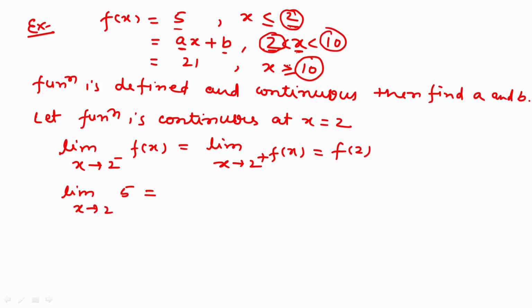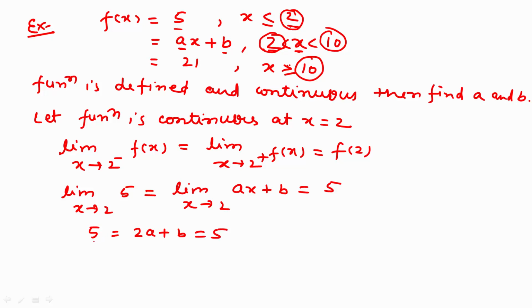When x is greater than 2, we will take the function ax plus b. So limit x tends to 2 of ax plus b is equal to, and the value of f(2) is equal to 5. Solve this limit. On taking limit, 5 is equal to 2a plus b is equal to 5.